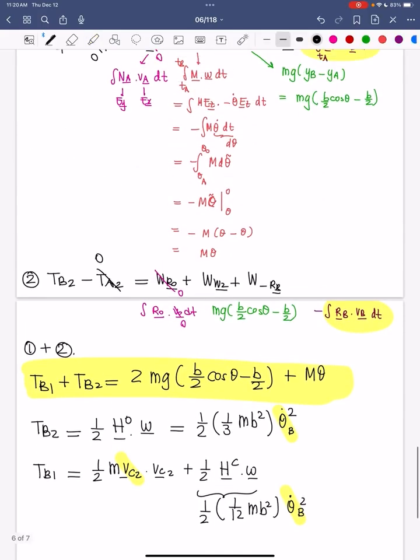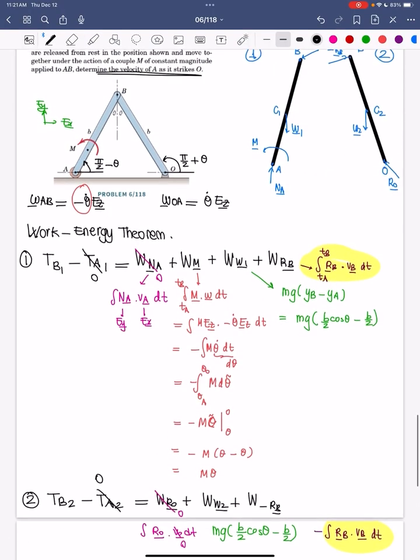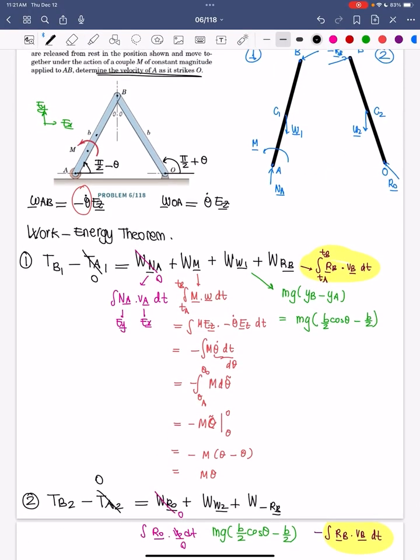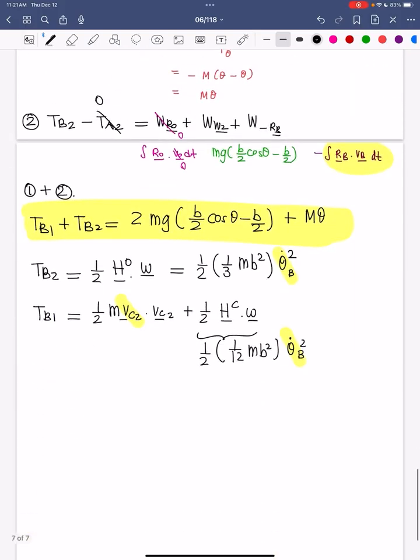We can write vc1 minus va. Okay, I actually made a mistake here. That's 1. Okay. VC1 minus VA is equal to omega AB cross RC1 minus RA.